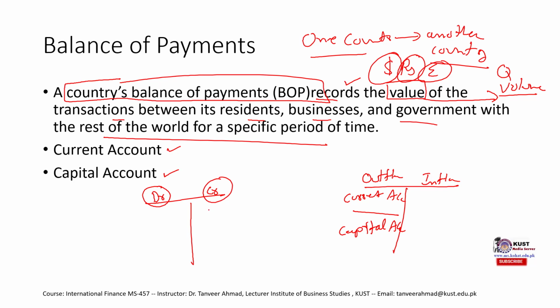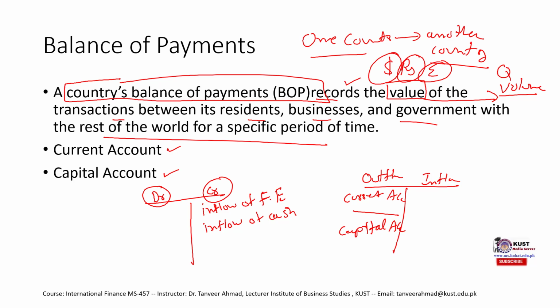The credit side of this balance of payment would record all the inflows of foreign currency or foreign exchange, right? All the inflows of foreign currency, or in a simplistic idea, it is the inflow of cash, right?